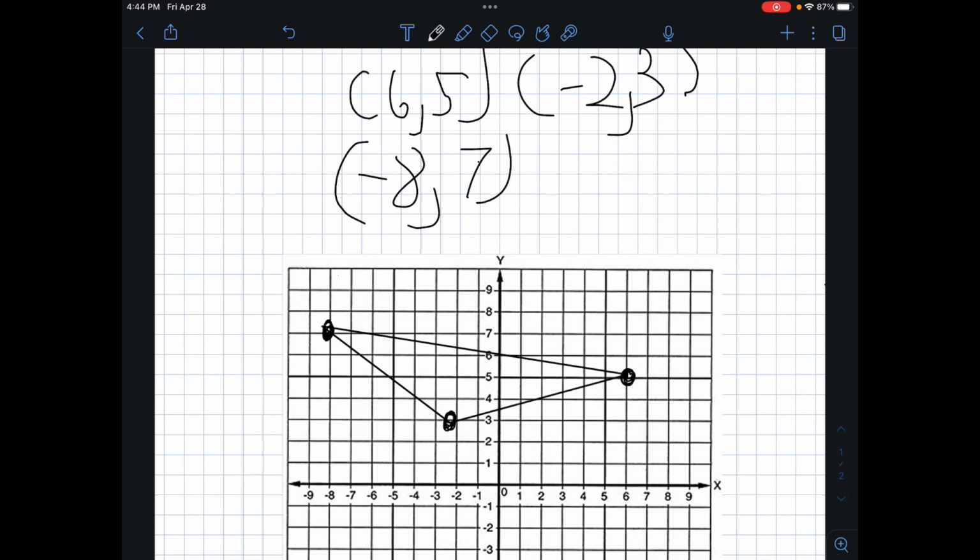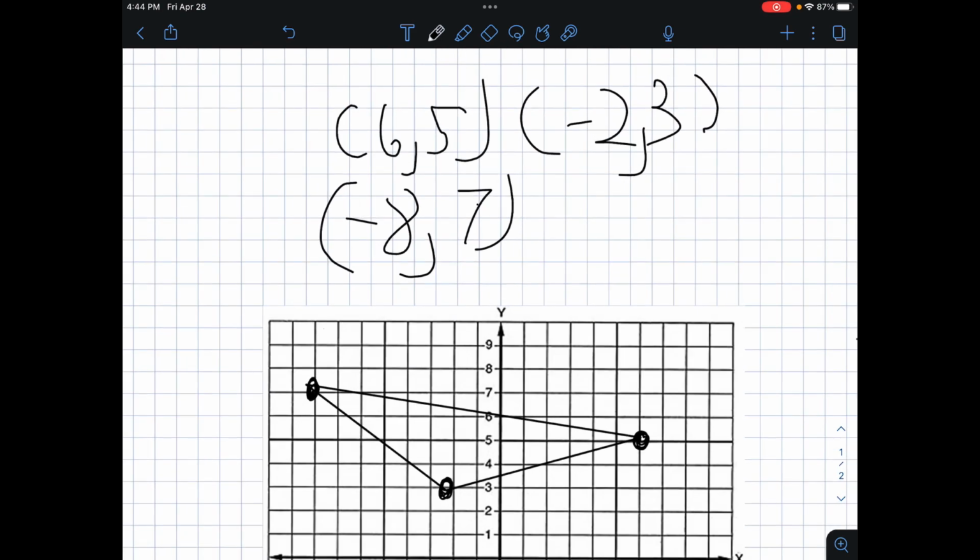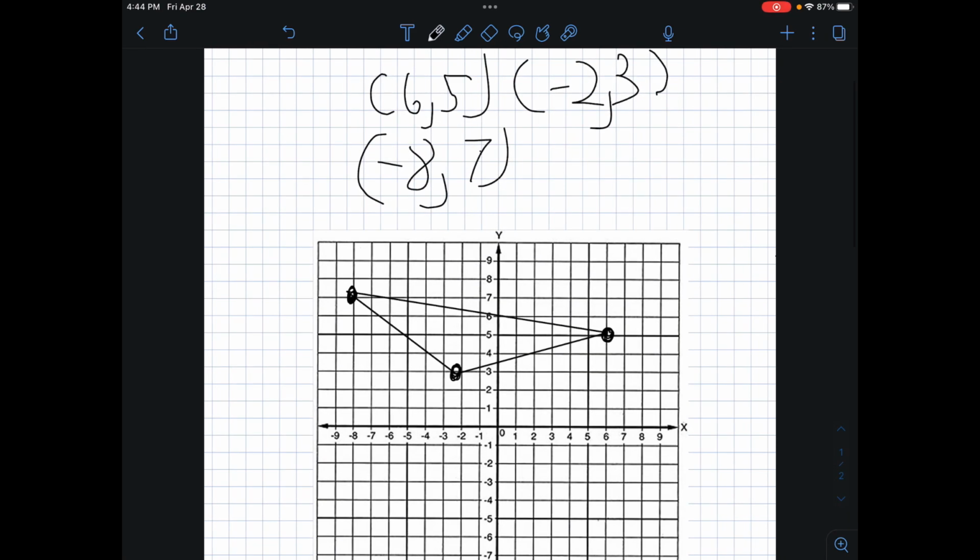We haven't done anything. Now, we're going to do some reflection. If it's crossing the y-axis, then you're going to make the x negative. Right now, you see here, it's crossing the y-axis.